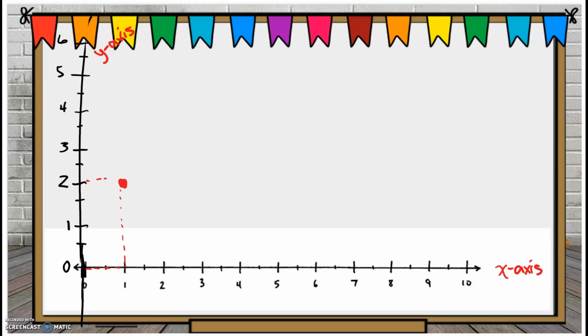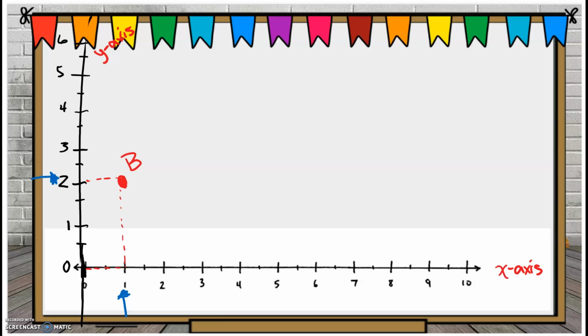And I can make a little dotted line from there to make a box. I'm going to label this dot B. Okay, so we can say that B is above the 1 on the x-axis. So here's the 1. It's right above that 1 on the x-axis and to the right of 2 on the y-axis.